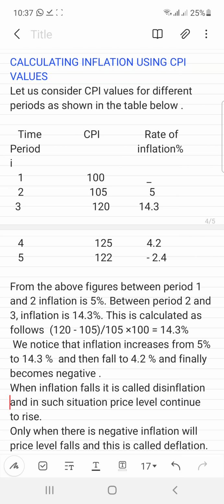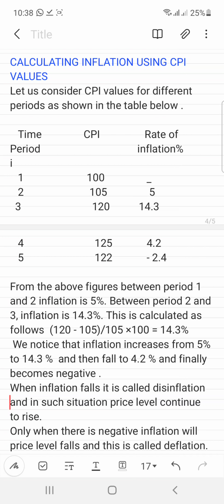Important to note here that in a period of disinflation, when the inflation rate is falling, prices will be rising. Which means that in period 3, prices have increased by 14.3%. In period 4, prices have increased by 4.2%. The rate of increase is lower, but in terms of values, prices are rising.